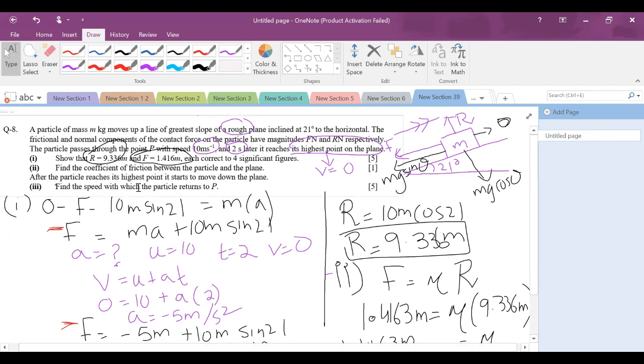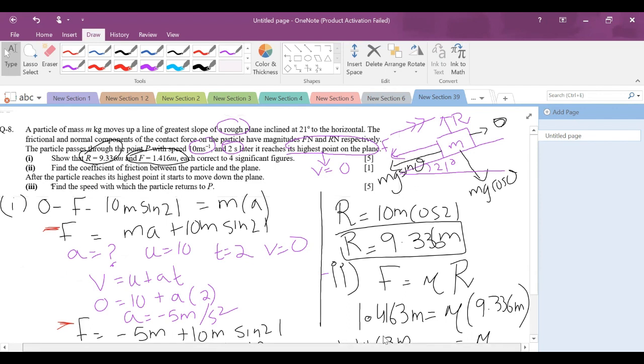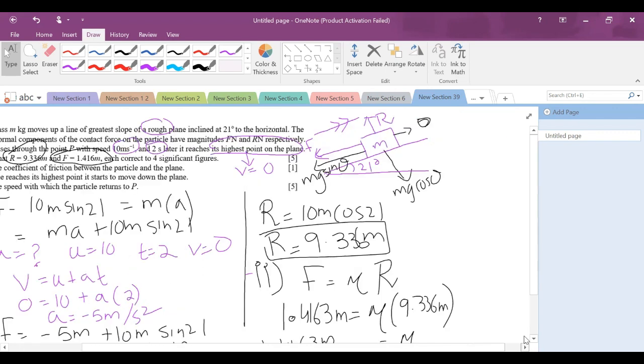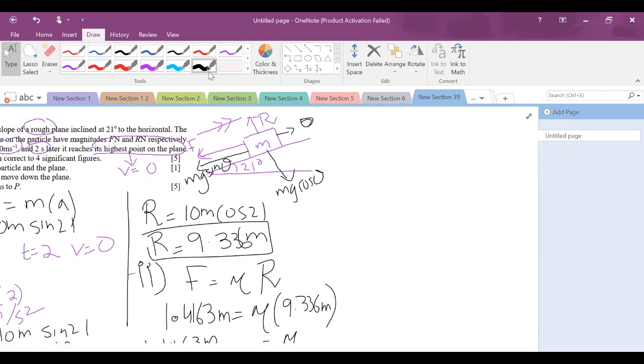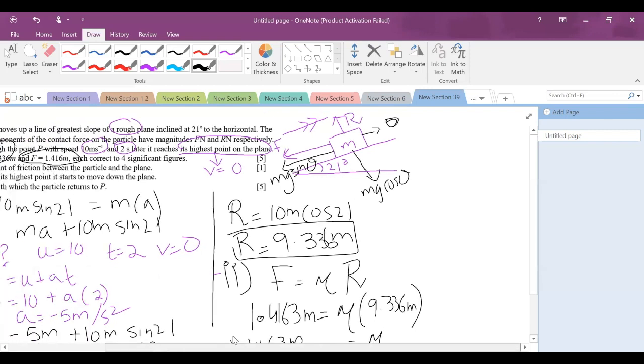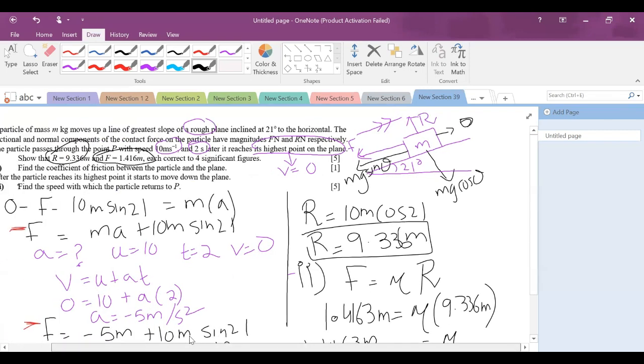Find the speed with which the particle returns to P. The particle passes through the point P. Okay, so initially it was passing through point P, then it goes to the highest point on the slope, then it returns back. You have to find the speed with which the particle returns to P. Okay, let's see.